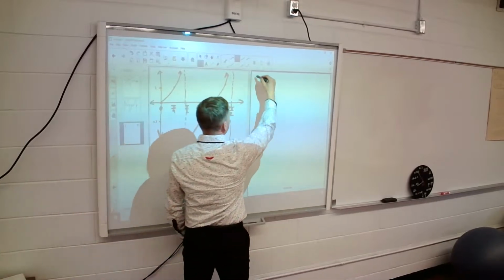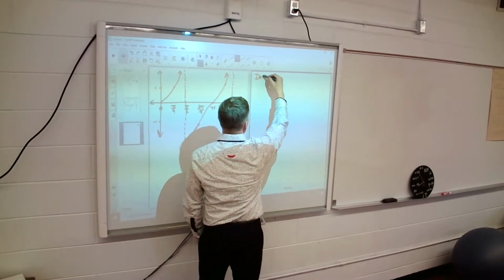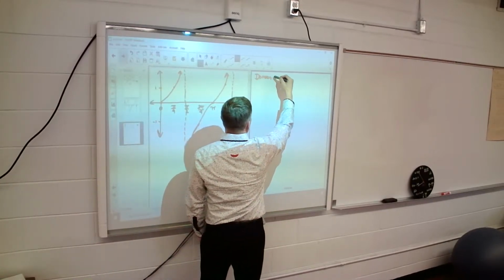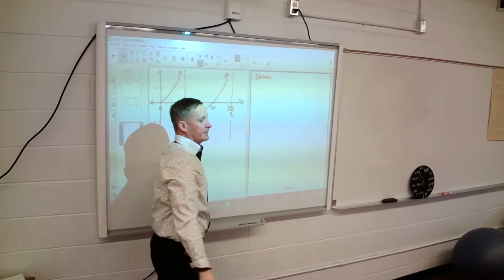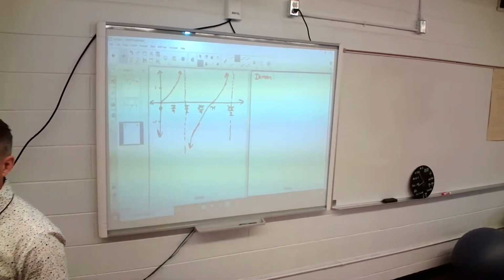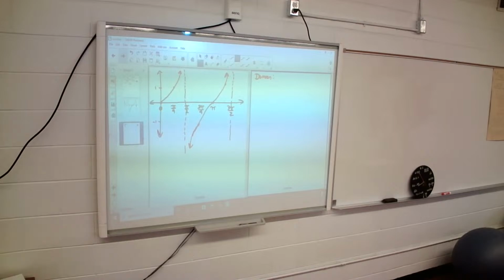First things first, the domain of this graph. What is the domain for this graph? X doesn't equal pi over 2 plus k pi, and an element of reals.